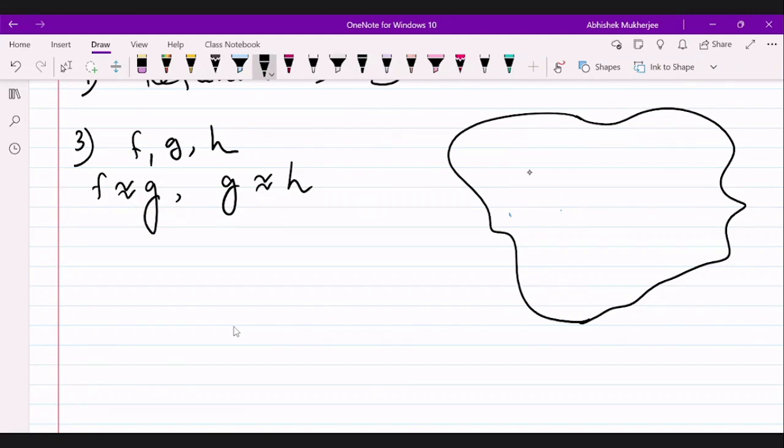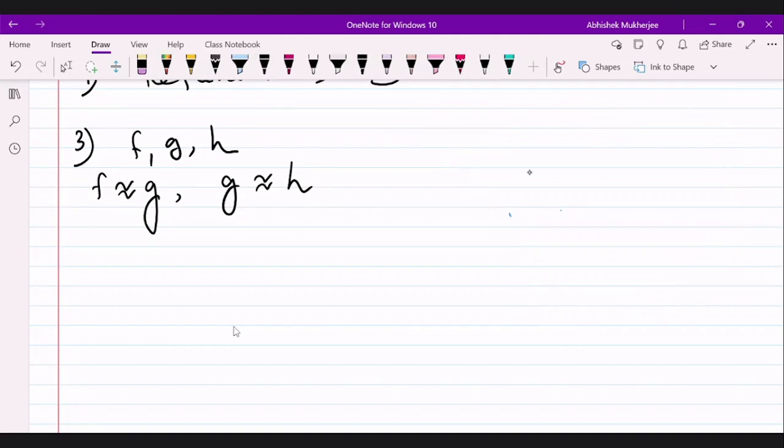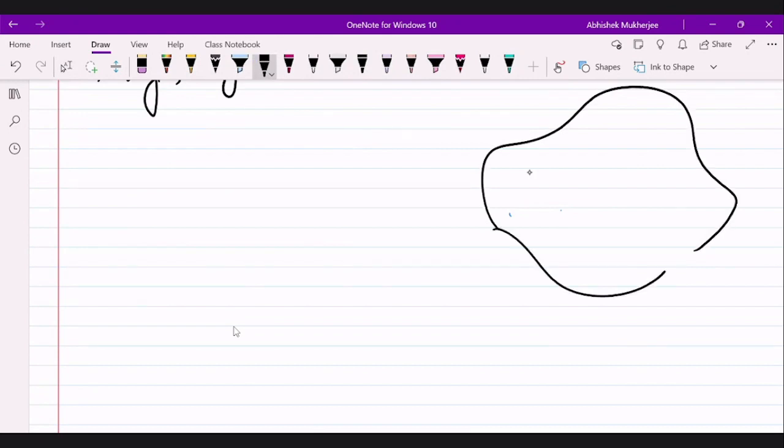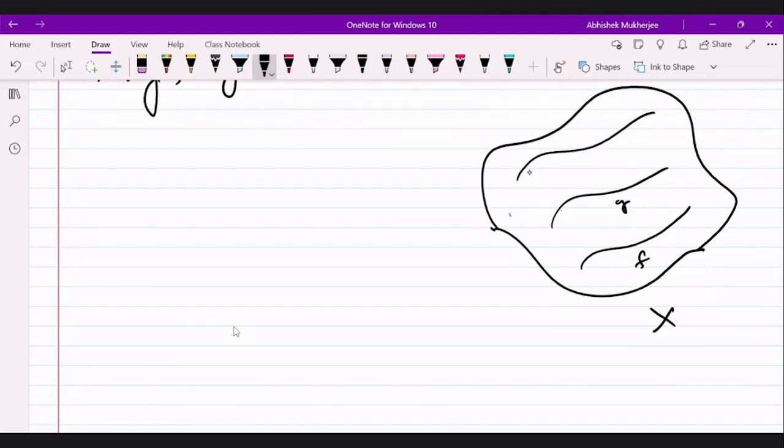And this is obvious because of this fact. Suppose this is your X and you are taking three maps, F, G, and H. F is homotopic to G, so that means there is a homotopy.